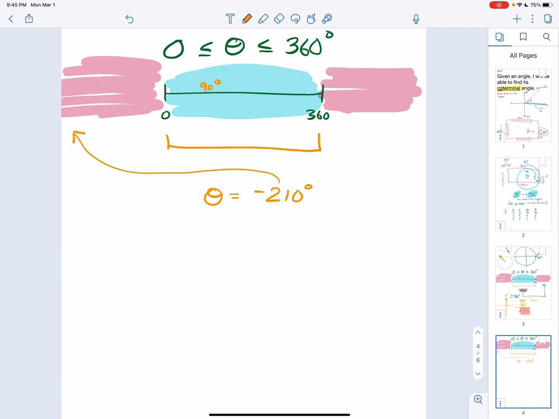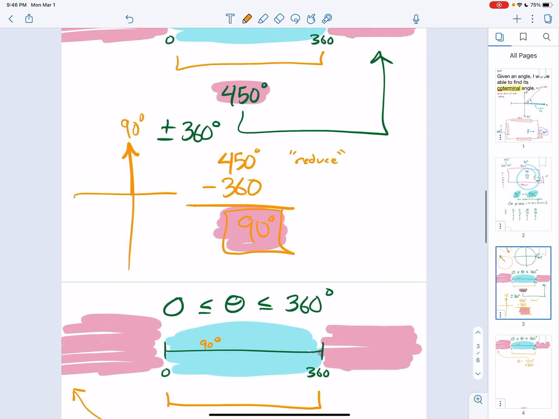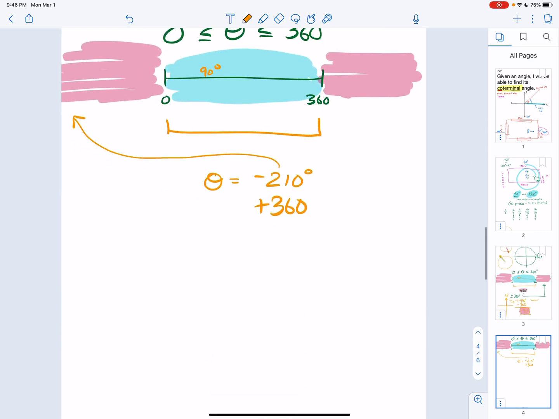So to bring it back into the blue zone, it doesn't make sense to subtract 360 because that'll just make us go further away. So what we're going to do here is if it's too small, we're going to add. In the last example, it was too large, so we subtracted. If it's too small, we add. And that's it. It's either adding or subtracting 360.